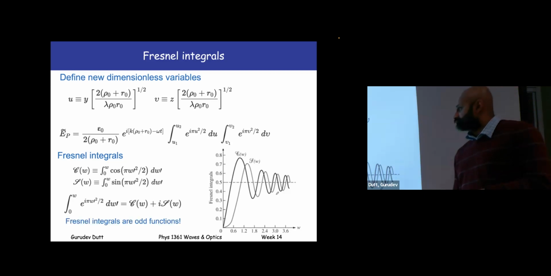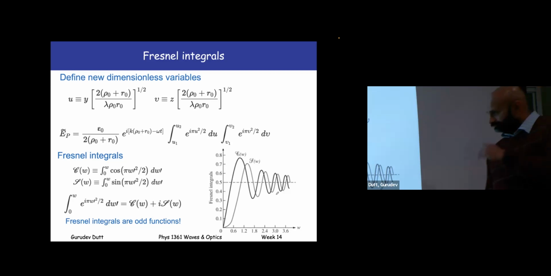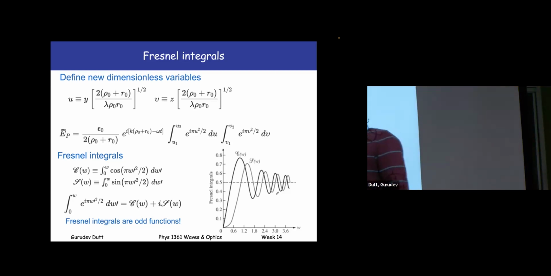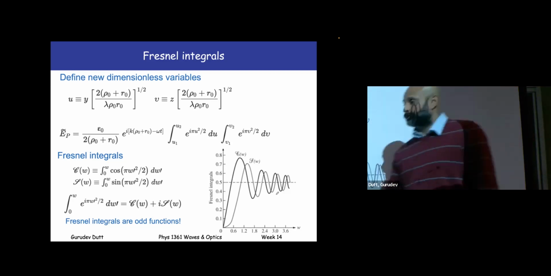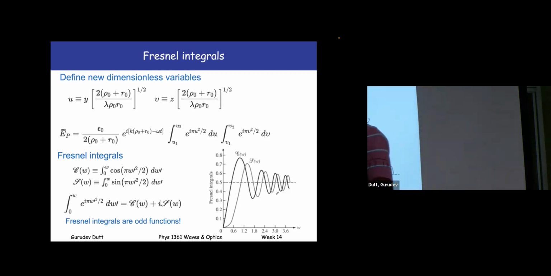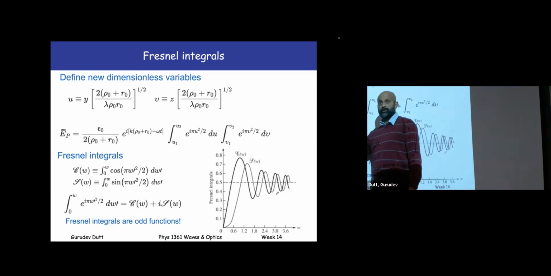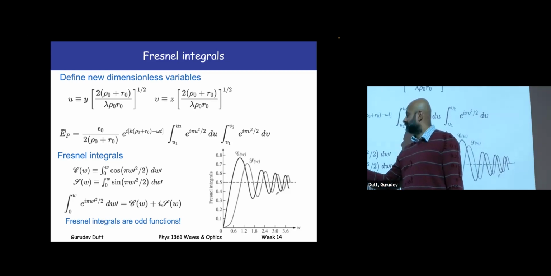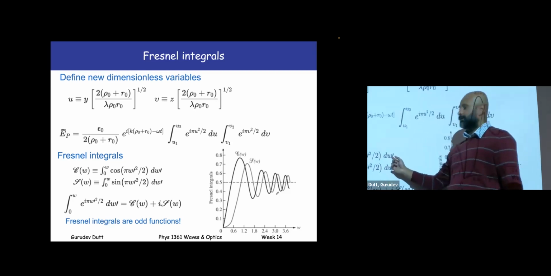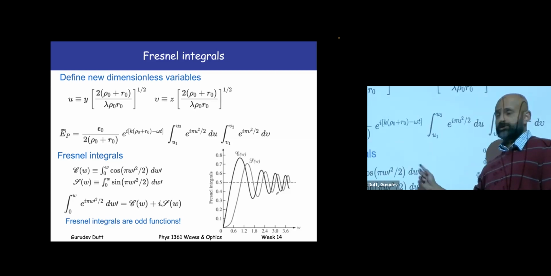Oh, and one last thing which you should bear in mind at all times is that these Fresnel integrals are odd functions of w. You can prove that, for example, by just switching w to minus w. You switch the minus sign over here. But now to transform it back to the original coordinates, I would set w prime equal to minus w, so dw prime will be minus dw.